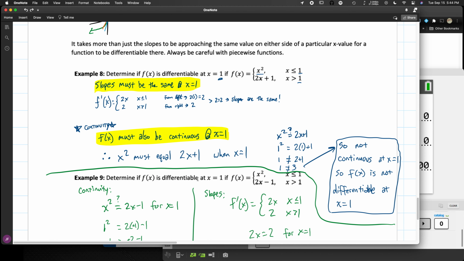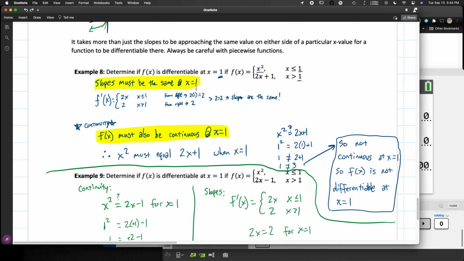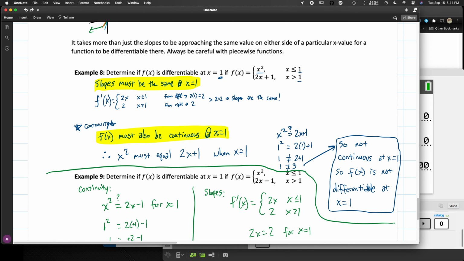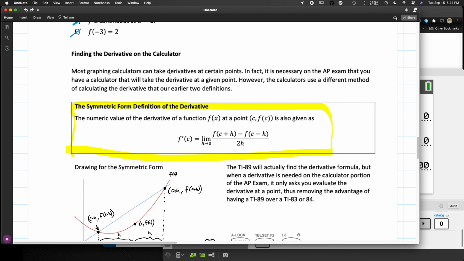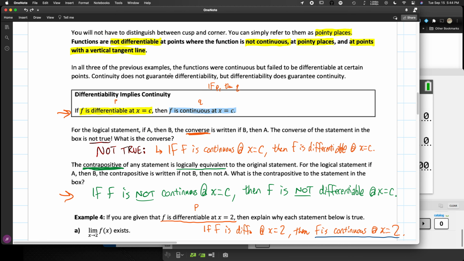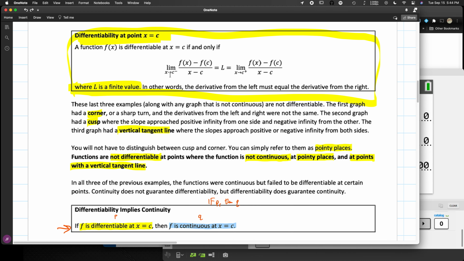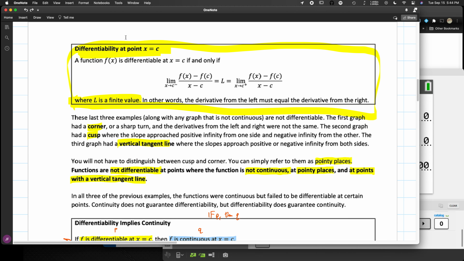All right, example 8 says determine if f of x is differentiable at x equals 1, and they give us a piecewise function. So the 2 things we need to check for differentiability, going back to our definition in our notes. Okay, so we said from our definition that we had in a box that we highlighted, we said the limit as x approaches from the left and the right at our point of interest, the slopes have to be the same, right?